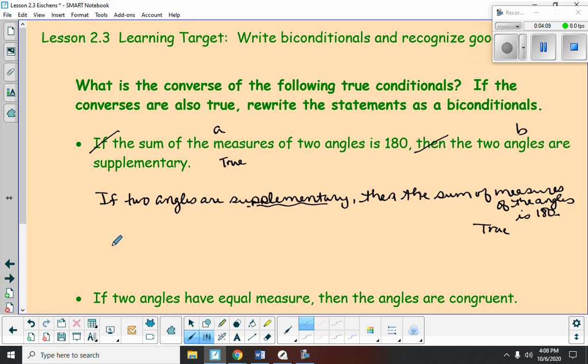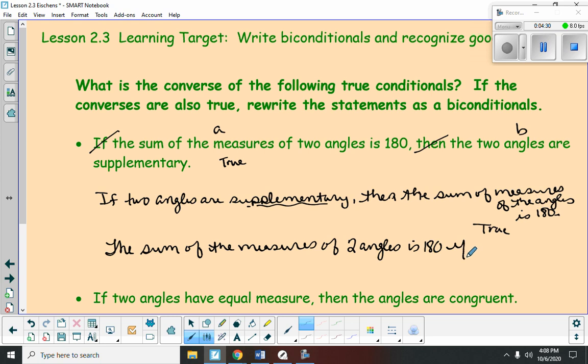So we'll write the sum of the measures of two angles is 180 if and only if, so we'll put IFF, the two angles are supplementary. And that's it. That's your biconditional.